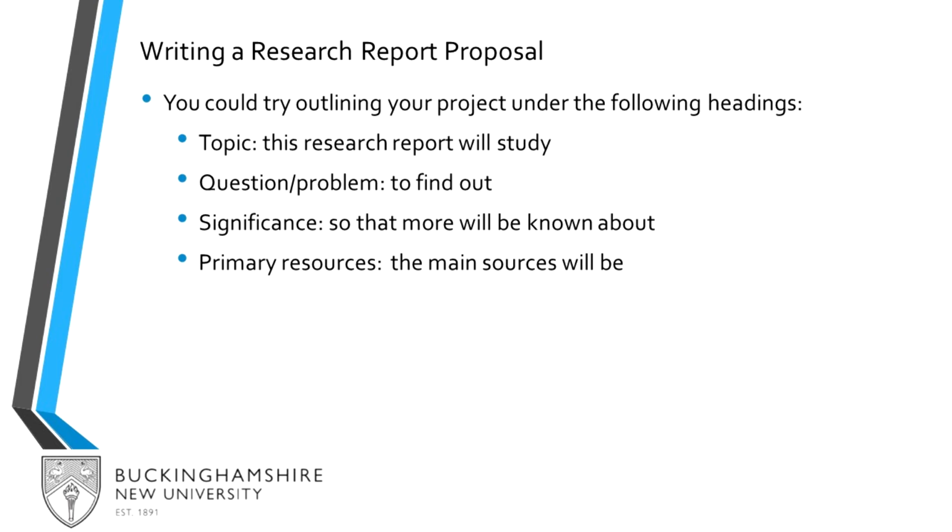And then the third section would refer to the significance of this, so more that you want to find out about. And then finally, we'd want to see you refer to the primary resources, i.e. the main sources that will inform your inquiry. Okay, so when you come to write your research proposal, make sure you refer to these 4 sections.